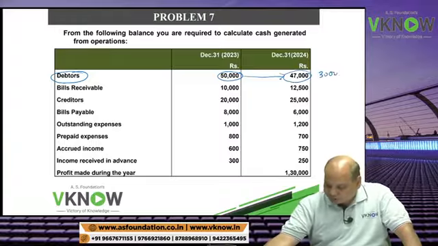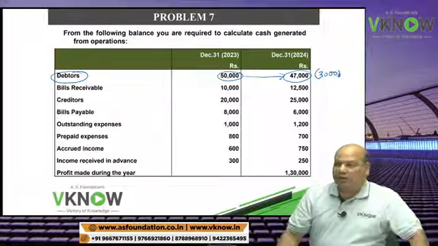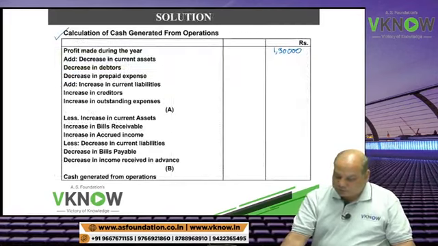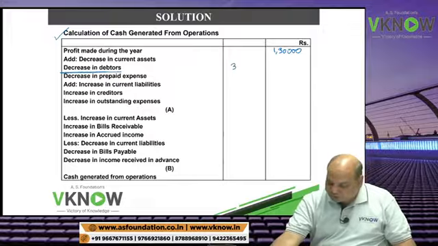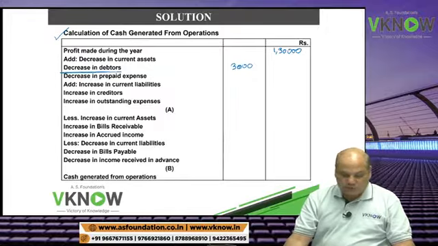So it has decreased by 3,000. Now tell me, debtor is a current asset item. Decrease in current asset is increase in cash flow. So in the notes you write decrease in debtors, increase in cash flow, positive 3,000.